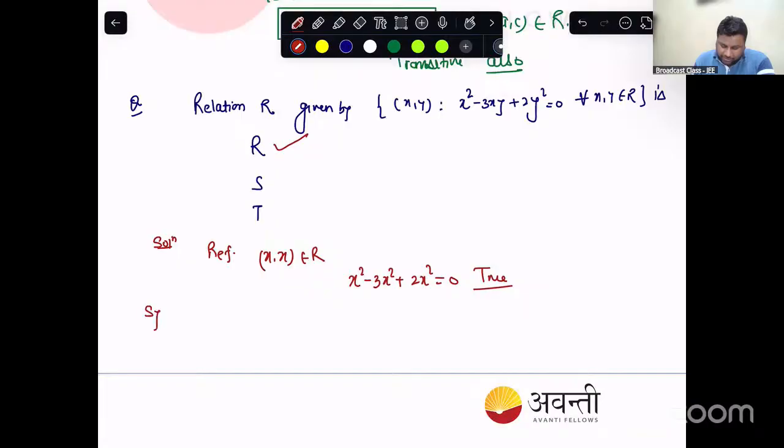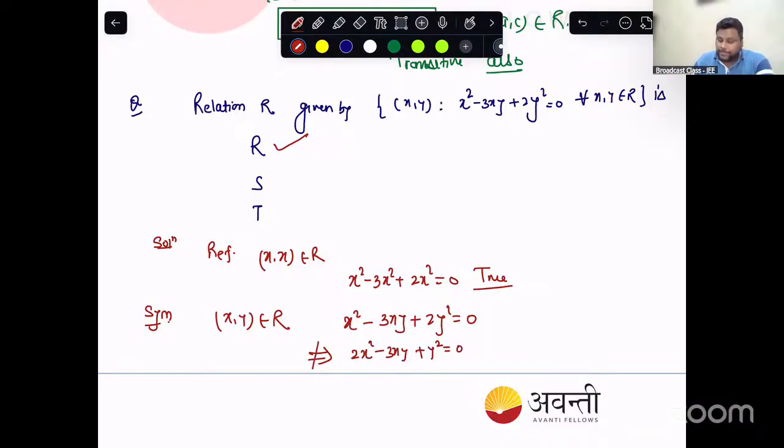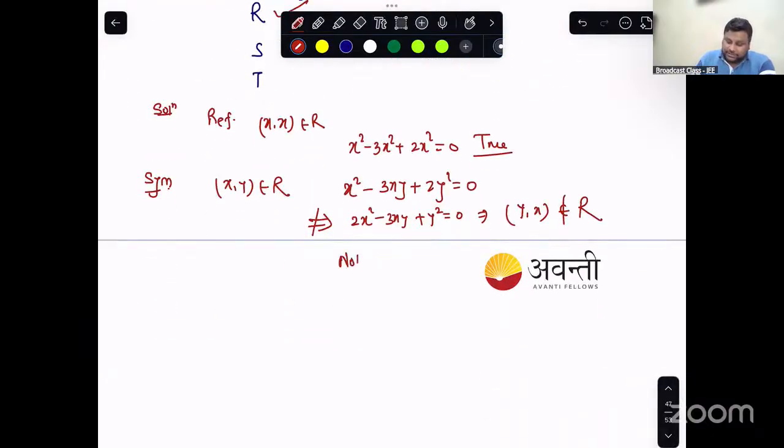Now, if I talk about symmetric, if (x, y) belongs to the relation, that means x square minus 3xy plus 2y square equals 0. So I cannot say that 2x square minus 3xy plus y square will also be 0. That means (y, x) does not belong to the relation. So it is not symmetric.